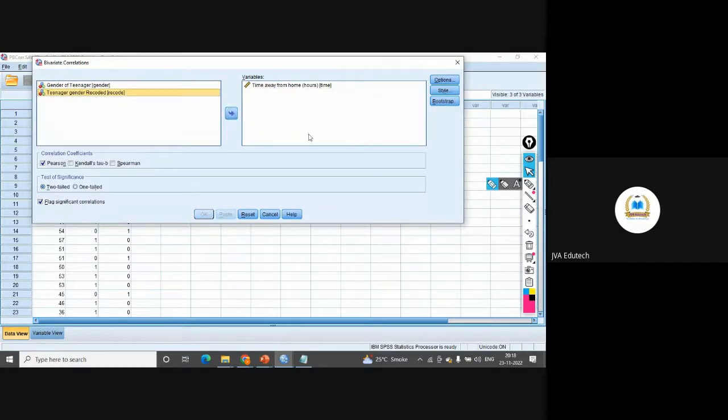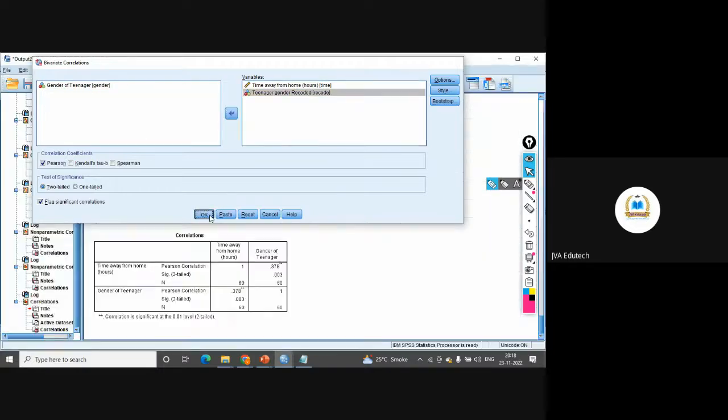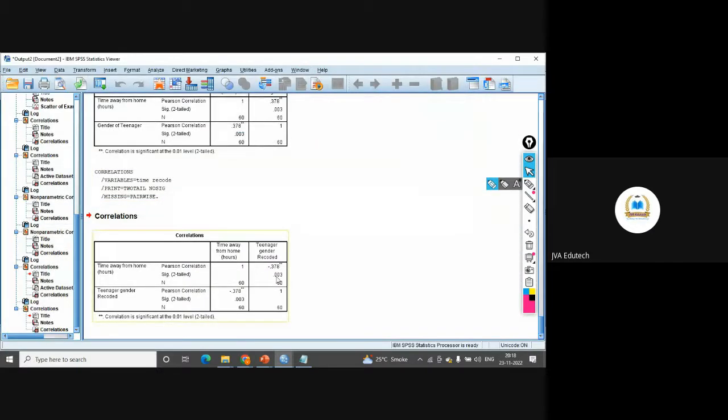gender recoded with this variable, there is a negative correlation. What is it saying? That as the value of gender decreases, time spent out of home increases. There is a negative correlation now, isn't it? Yes, sir. Same value with negative correlation.